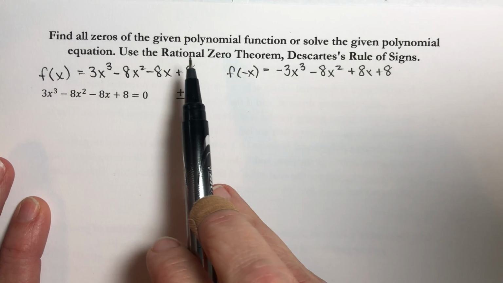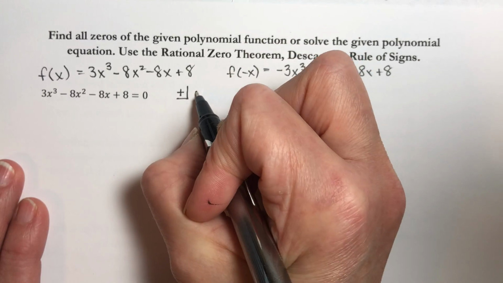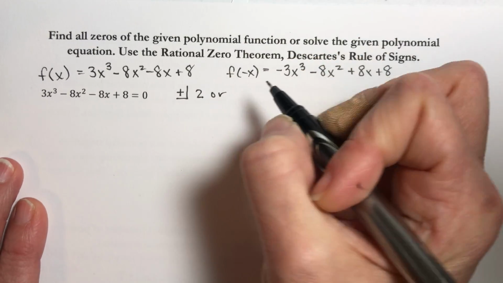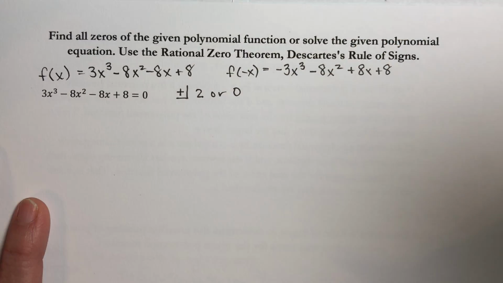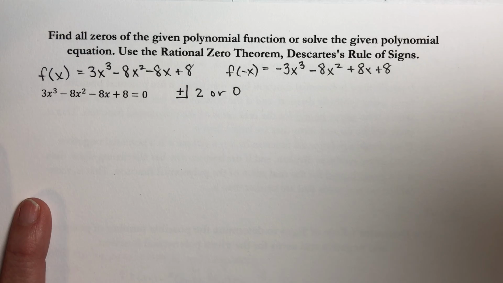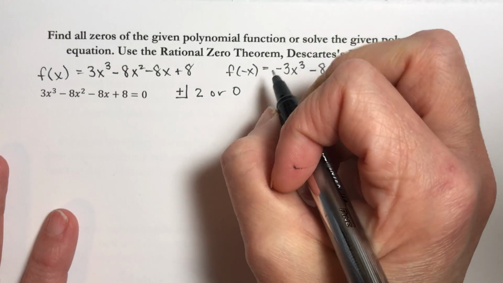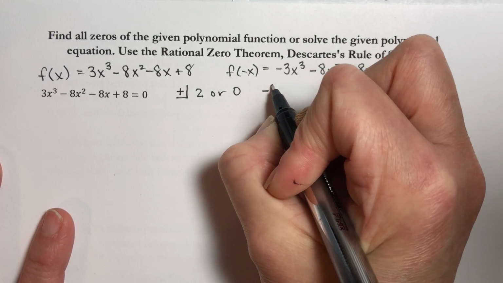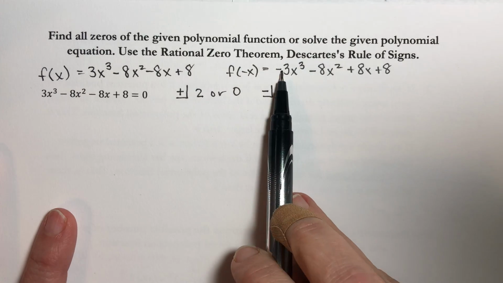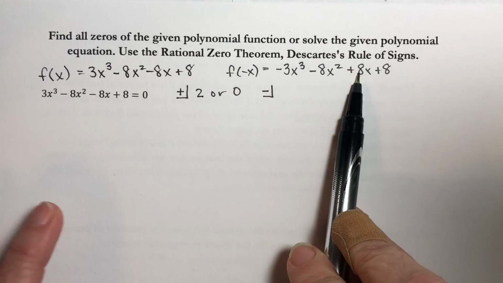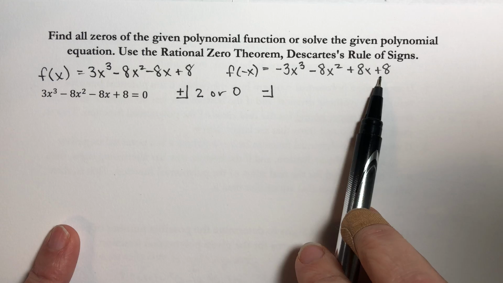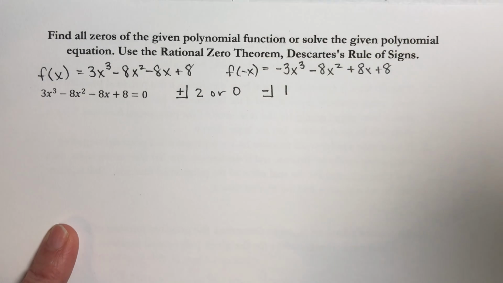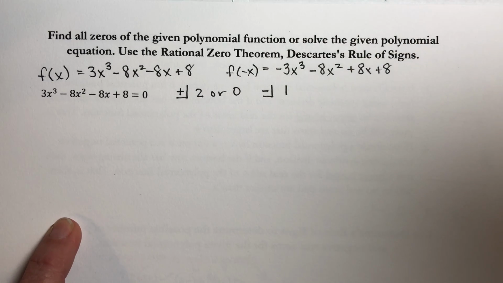Negative again, and then back to positive. So that's 2, or subtract 2 to get 0. So I either have 2 positive real solutions or I have 0 positive real solutions. Okay? And now let's check the number of negatives. Negative to positive, so that's 1 change, and then it stays positive. So I have 1 negative real solution.